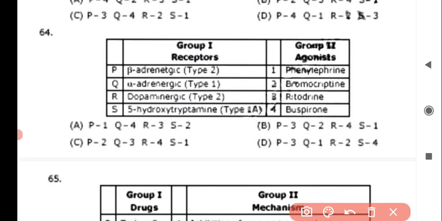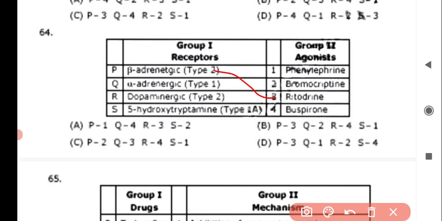In the next question, group 1 contains receptors and group 2 contains agonists. The first receptor, beta adrenergic receptor type 2. The correct answer is option number 3, ritodrine. Next receptor is alpha adrenergic of type 1.